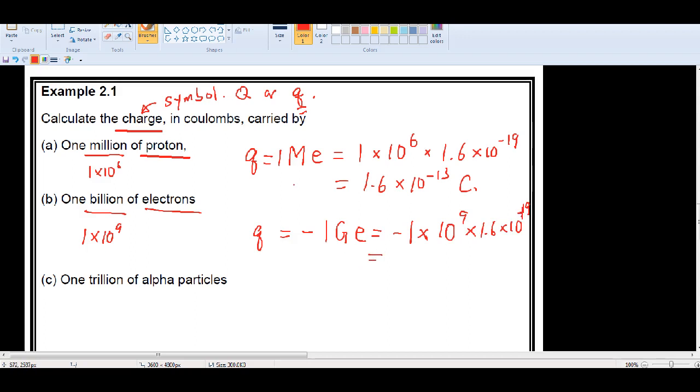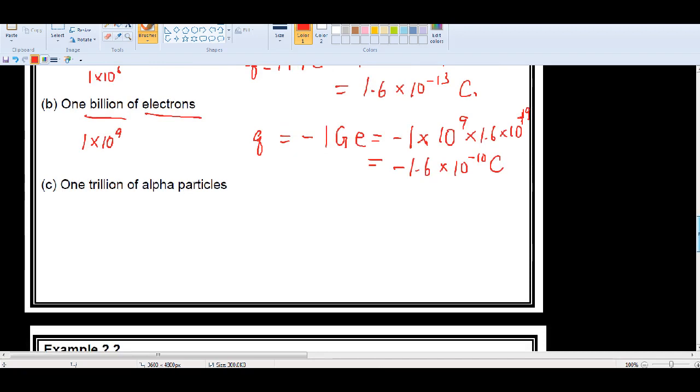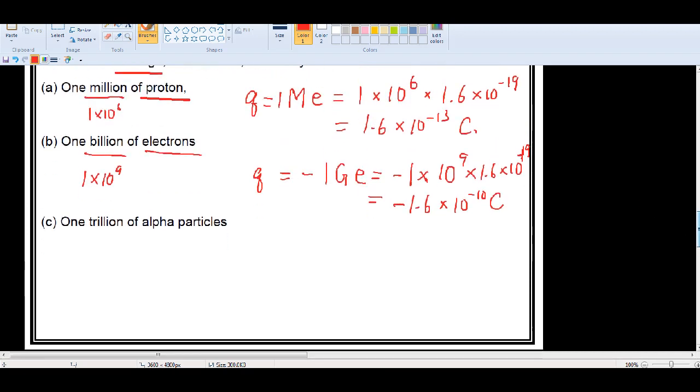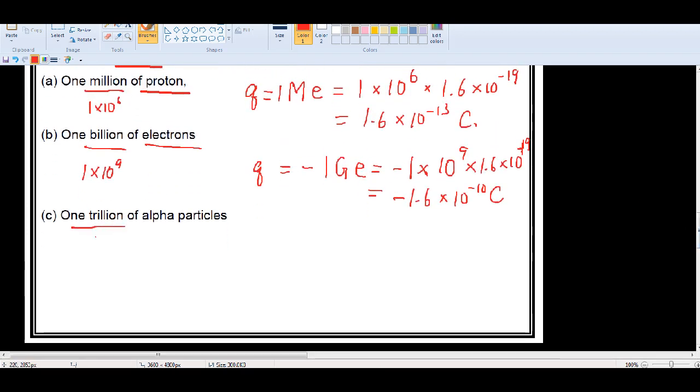If you want to look up mega and giga, you might go to a website. Normally it's very common notation. If you don't want to memorize these letters, that's okay. Just go directly: million is 1 times 10 to the power 6, billion is 1 times 10 to the power 9. You should know this already, right? Trillion is 1 times 10 to the power 12.